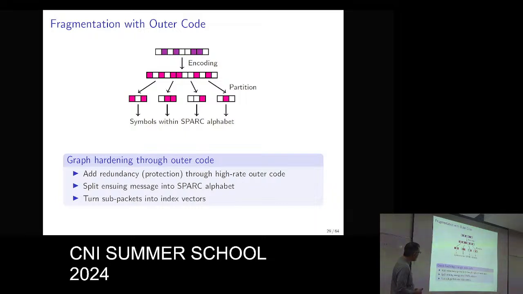One way to think about it when you construct the SPARC is the following. One way to enhance a SPARC would be to start with your information bits, encode the bits with an outer code, and then divide them and do the SPARC.